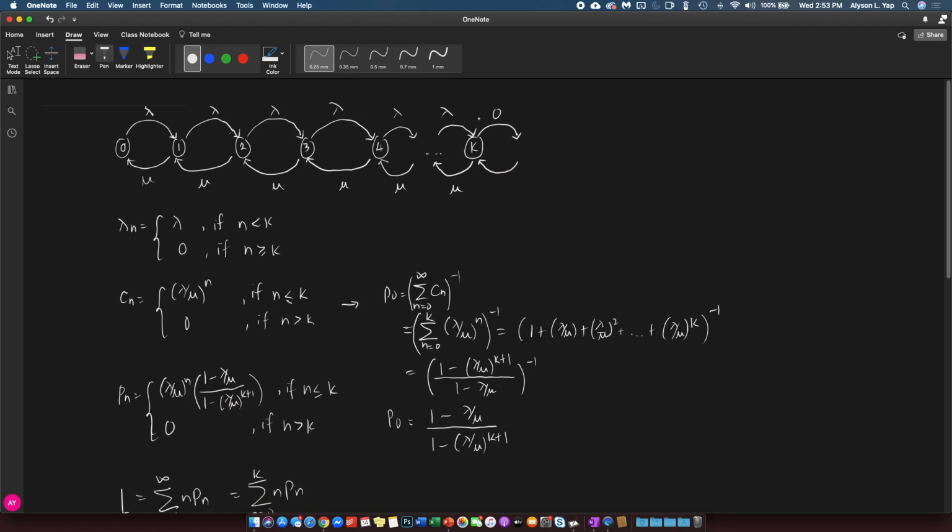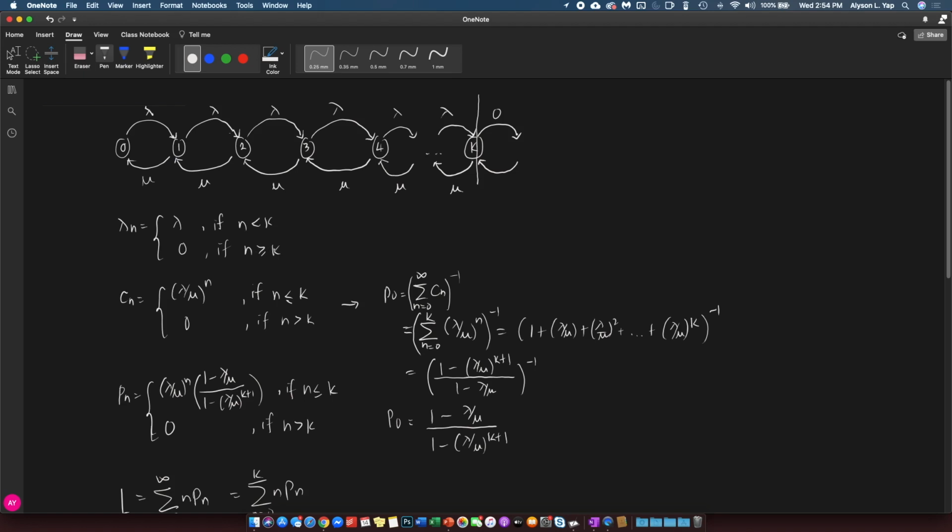Technically speaking, we do have a limit in your rate diagram, as presented by your system limit k, and therefore your lambda sub n is equal to lambda only if your state is less than k.